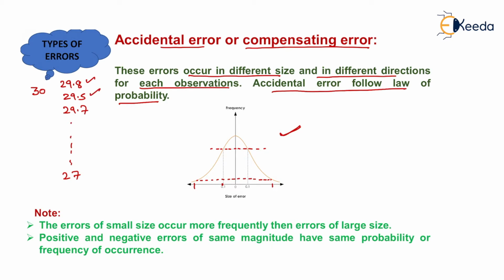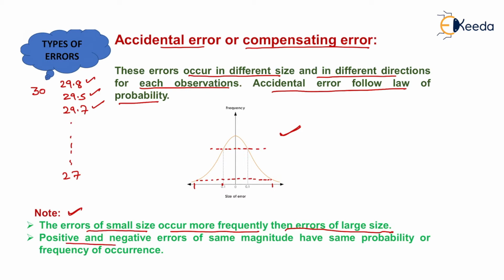That is, when the size of error is very small, the frequency of occurrence is very high. Now a note is written here, that is, the errors of small size occur more frequently than errors of large size. We had already discussed it.